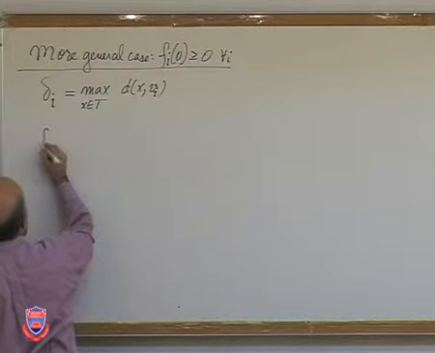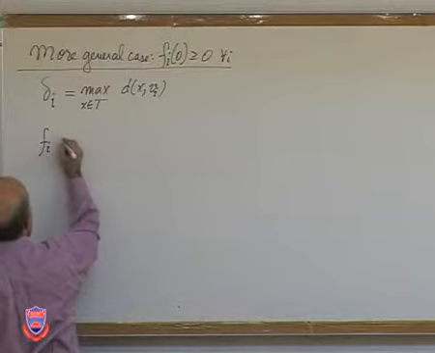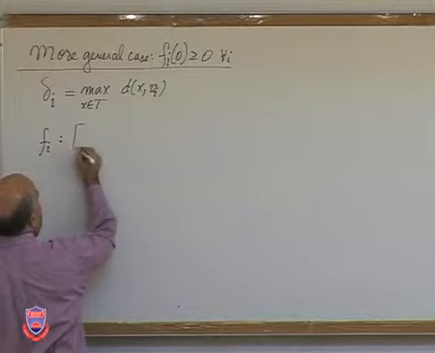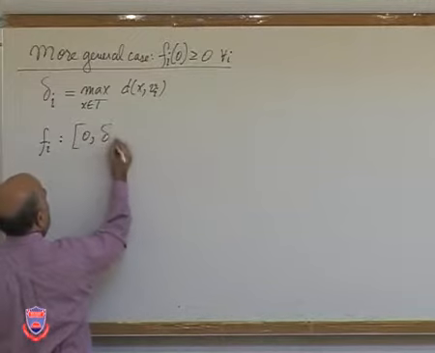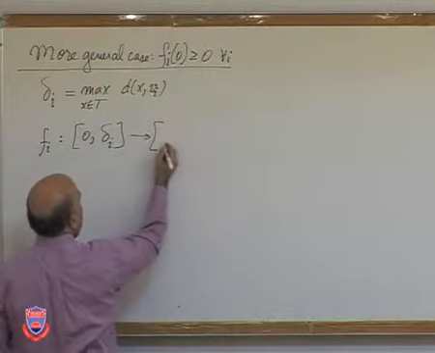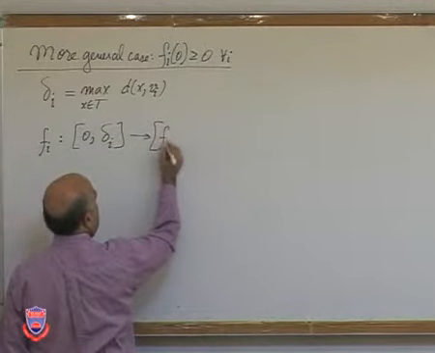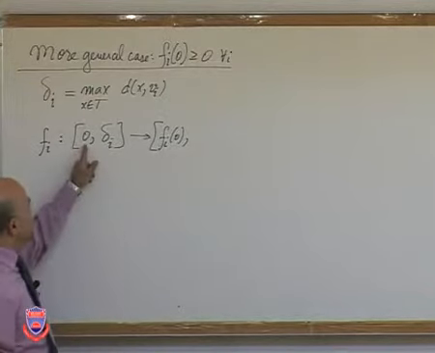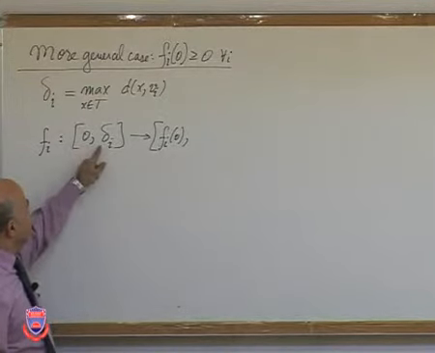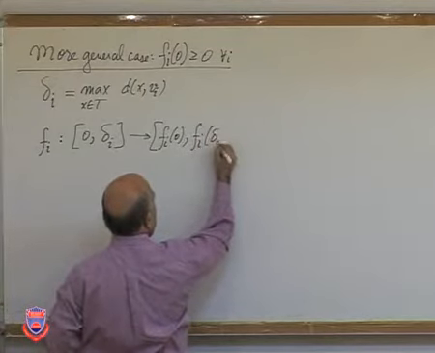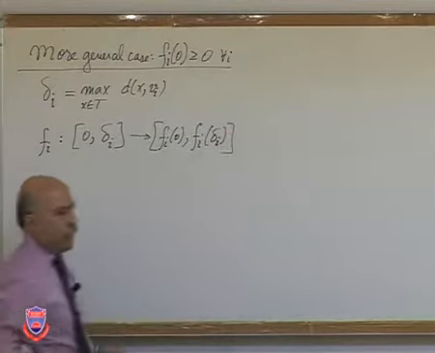I'm going to assume each loss function Fi is defined in the domain [0, delta i], with range, of course, defined by whatever the smallest value you have for the domain and the largest value you have for the domain. Okay?